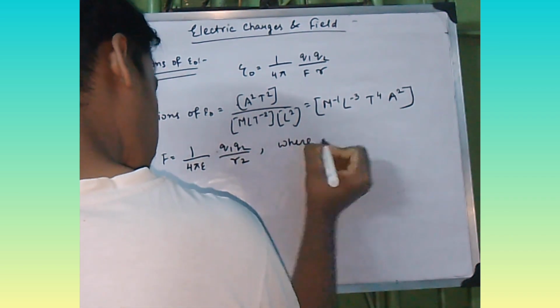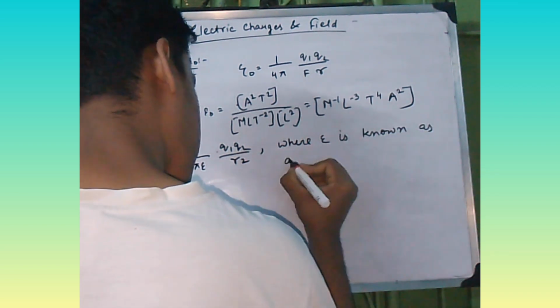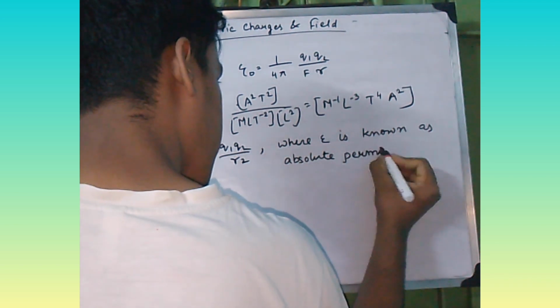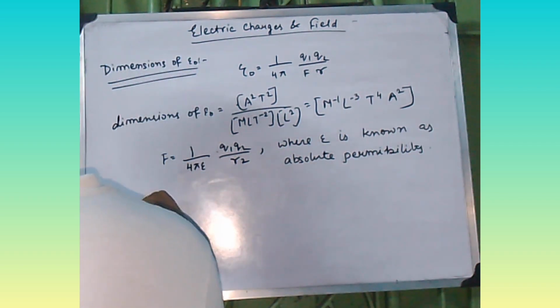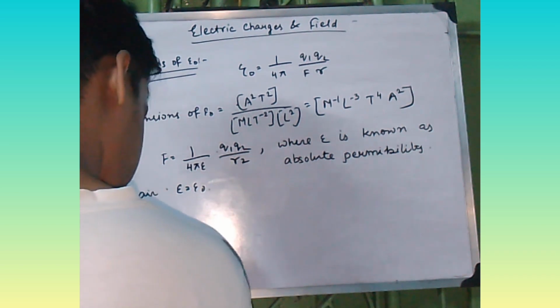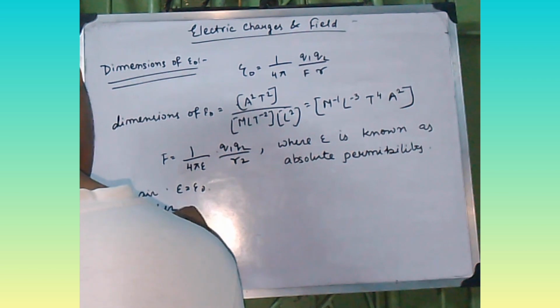When the surrounding medium is not vacuum but some insulating material such as gas, wax, paper and oil, then the force between the charges is given as F equals 1 by 4 pi epsilon q1 q2 divided by r square, where epsilon is known as absolute permittivity.